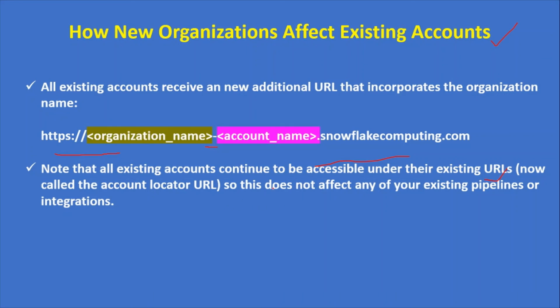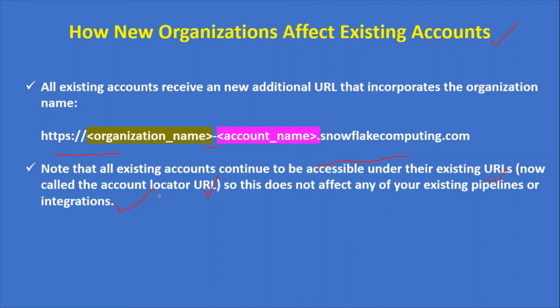Now, instead of saying account URL, you say account locator URL. This doesn't affect any of your existing pipelines or integrations. That means even if you change the URL with the organization name for existing accounts, it will not impact your existing pipelines or integrations.